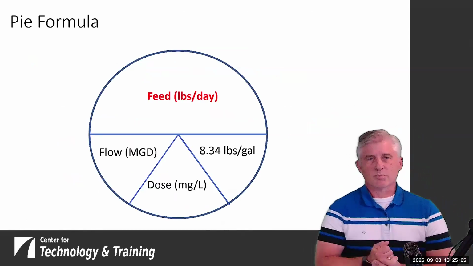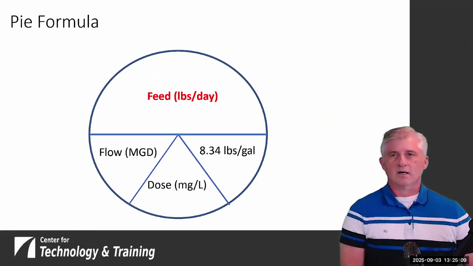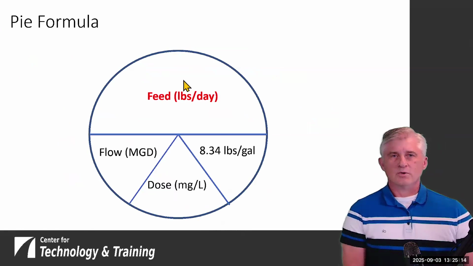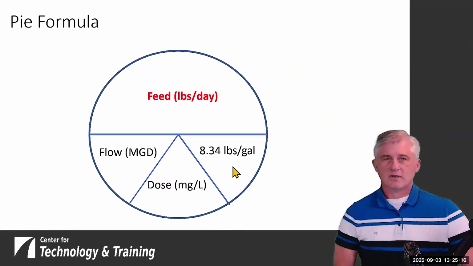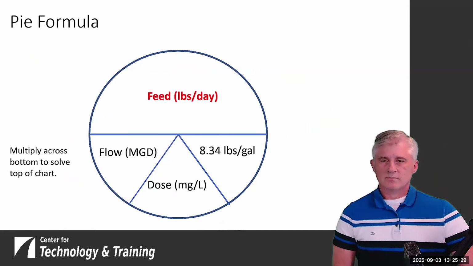So a lot of operators are learning different ways to do things. In this case, we can use the pie formula. I've also heard it called the picnic formula. On the top of this, we have the feed rate. On the bottom, we have the flow, the dose, and the weight of water.